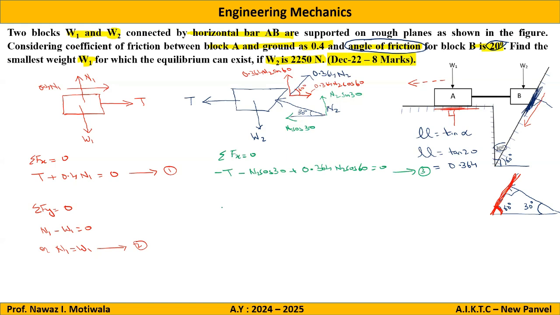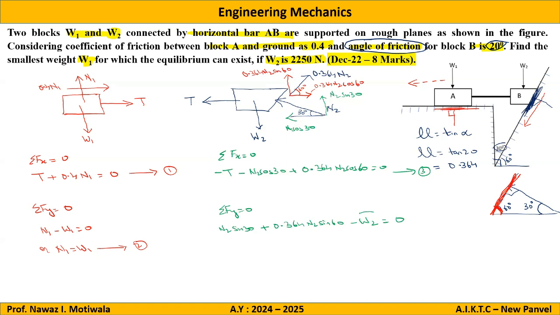Similarly, if I write summation of Fy is equal to 0, I will get one equation as N2 sin 30 plus 0.364 N2 sin 60 minus W2 is equal to 0.